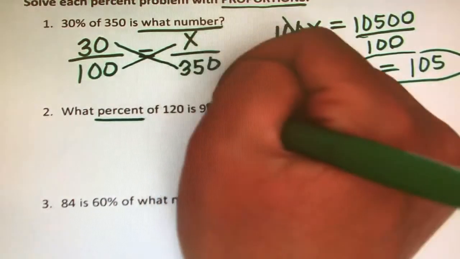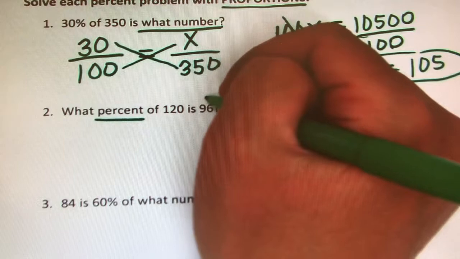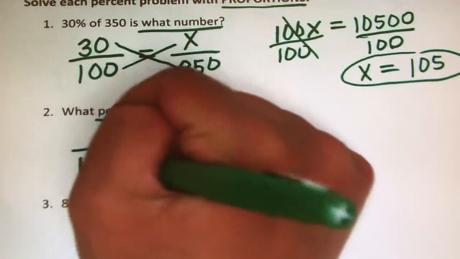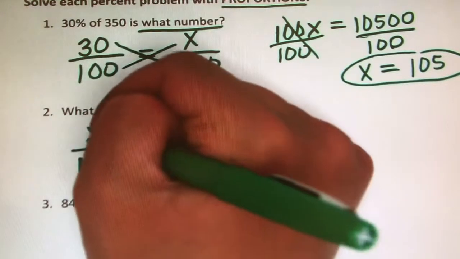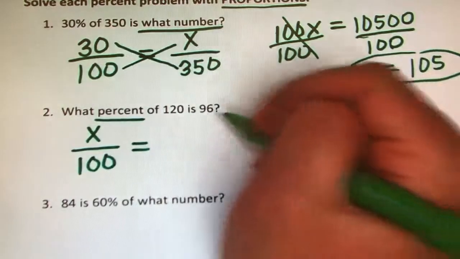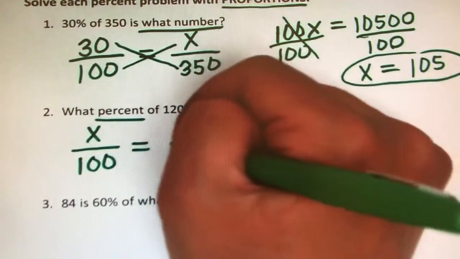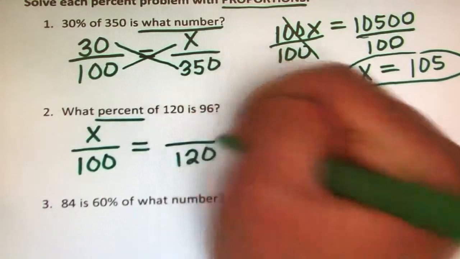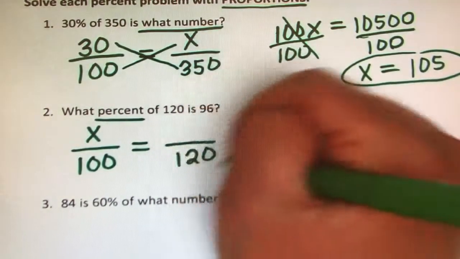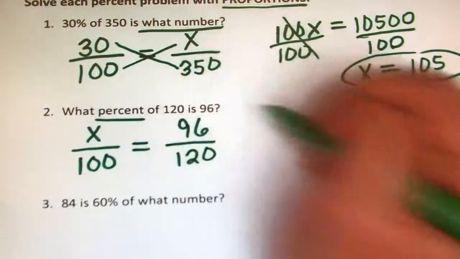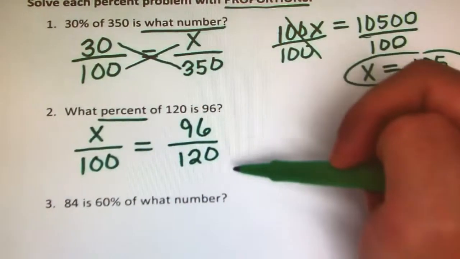What percent of 120 is 96? Okay, so we don't know the percent, but we know the percent is always out of 100, so we put an x here. What percent, x over 100, is What percent of 120 is 96? So anytime the number that follows the word of, that's going to be your denominator, because this is out of the total amount, okay? Is 96. So I want to know what percent 96 is out of 120.